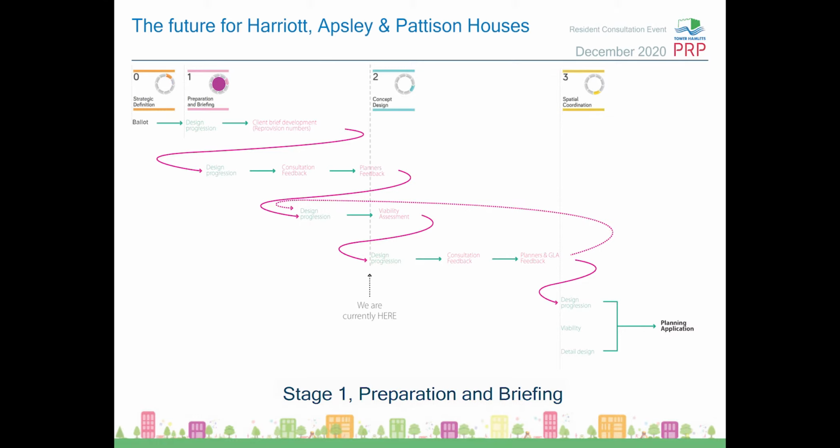Stage 1, preparation and briefing. This involved discussions with the Council to establish the brief. This mainly outlined what we need to accommodate in the designs put forward, such as future housing re-provision requirements for existing residents, housing mix for additional homes, and the Council's design and maintenance requirements.